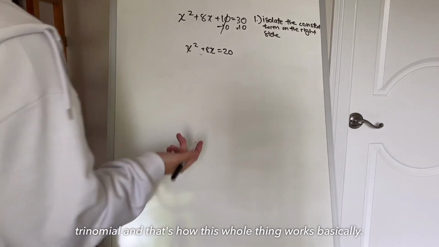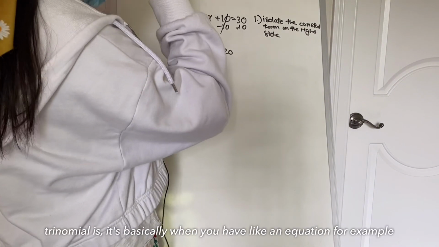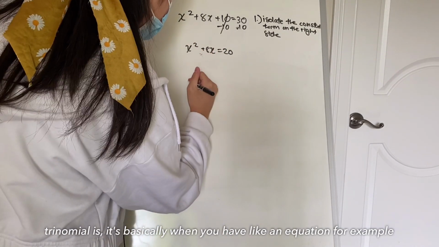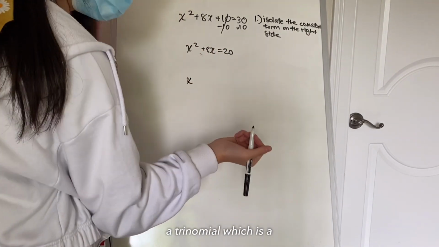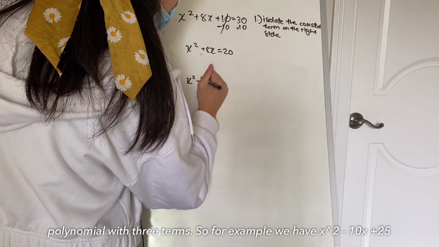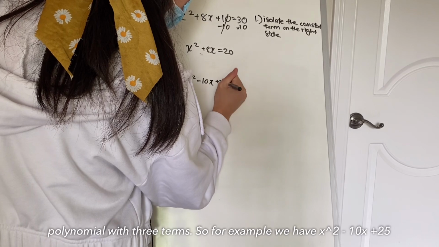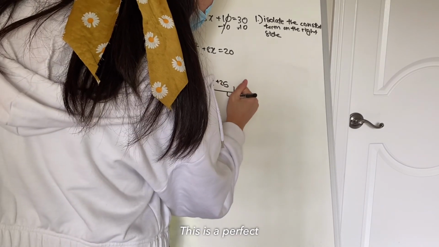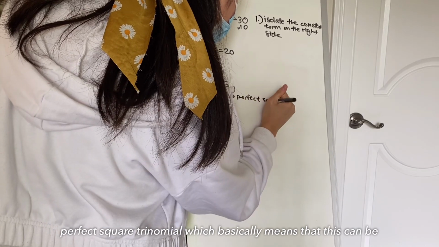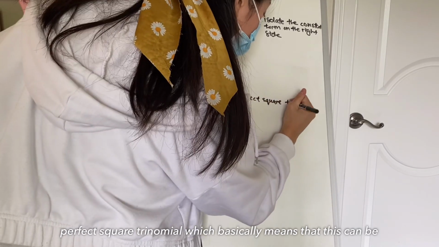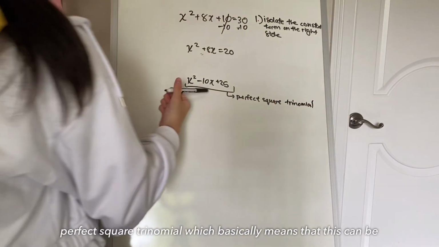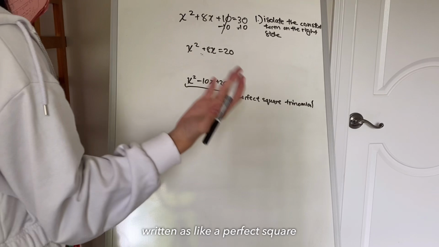The next step is we're going to make a perfect square trinomial, and that's how this whole thing works. A trinomial is a polynomial with 3 terms. For example, we have x squared minus 10x plus 25. This is a perfect square trinomial, which basically means that this can be written as a perfect square.